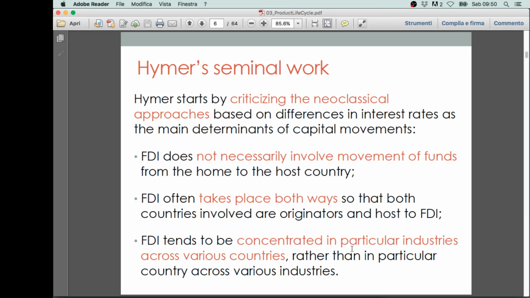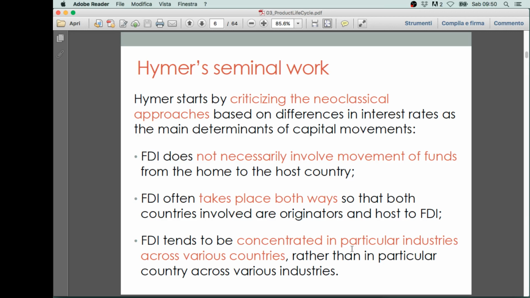The first thing is that FDI does not necessarily involve movement of funds from the home country to the host country. Why? Because if I'm interested in, for instance, acquiring a Chinese company, let's keep my standard example in which I am an Italian company, and I want to invest or get control of a Chinese company, I do not necessarily need to raise capital from Italy and invest it in China.